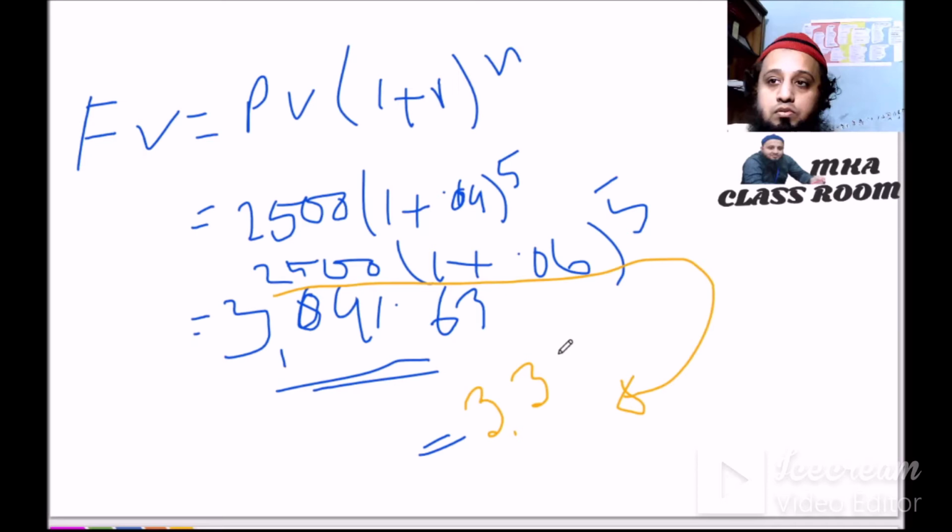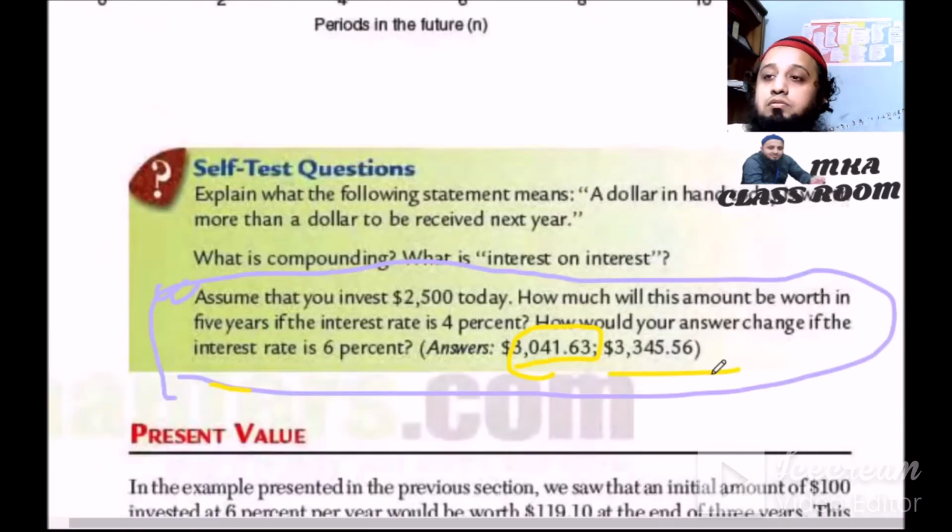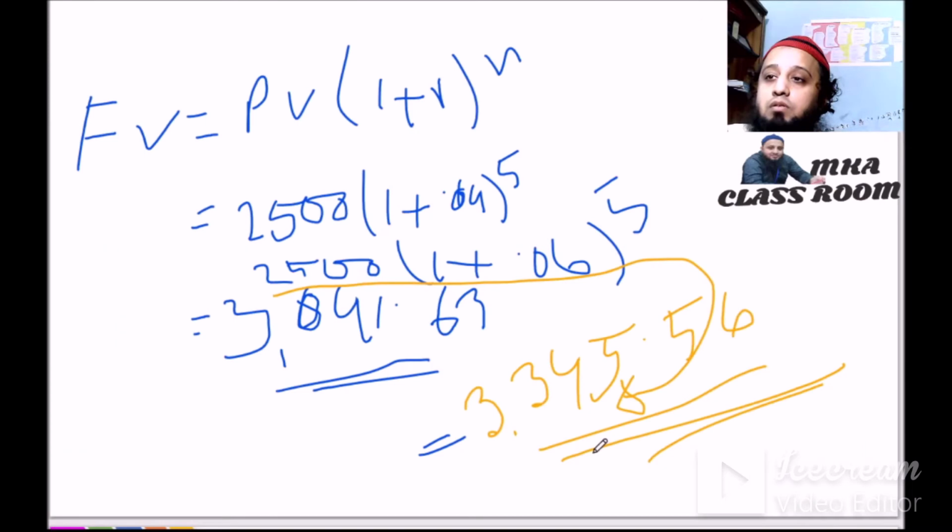So, result should be 3345.56. So, that should be our result if the interest rate changes to 6%.